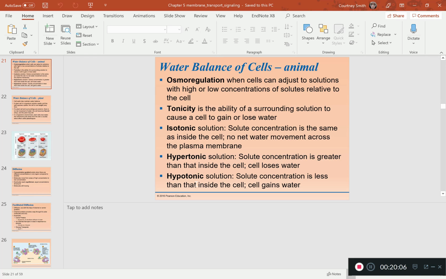A hypotonic solution is the exact opposite: the cell will gain water, so water travels inside. And isotonic is when there's an equal exchange of water. Sometimes movement of water won't even occur because it's that perfect equilibrium, with the same amount of water inside and outside of the cell.